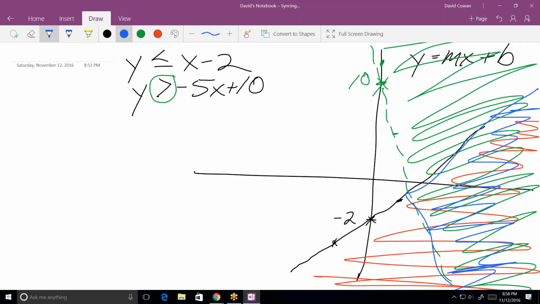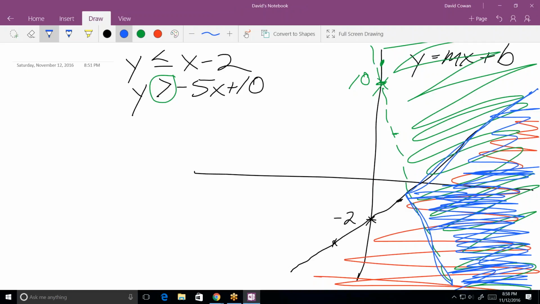I want the area that has both red and green in it. Well, it's this little patch right here. That is above the green line and below the black line. And it's only this area right here that satisfies both of those conditions.